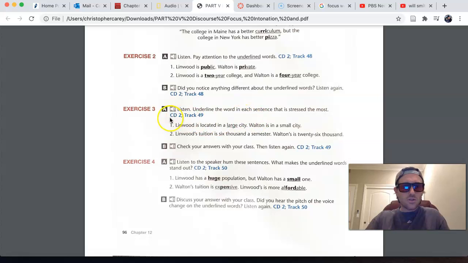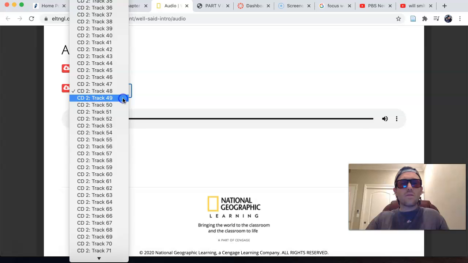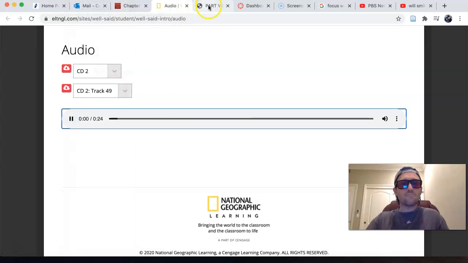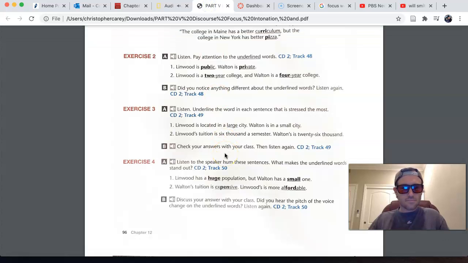Let's give CD2 track 49 a listen. Underline the word that you think has the most stress. Here we go. Exercise 3, A and B, page 96.